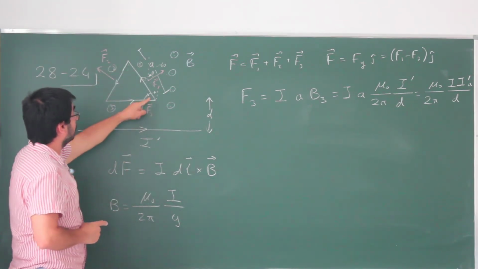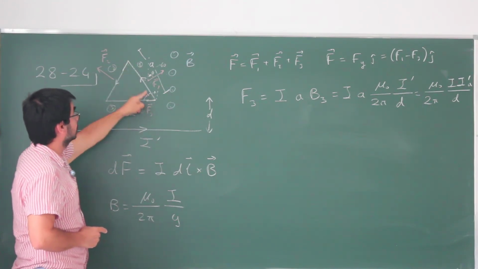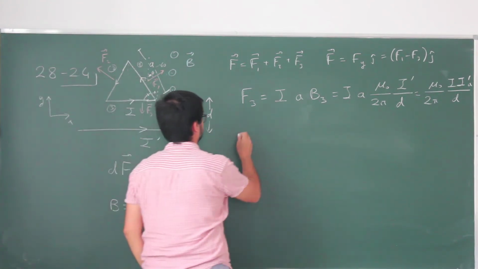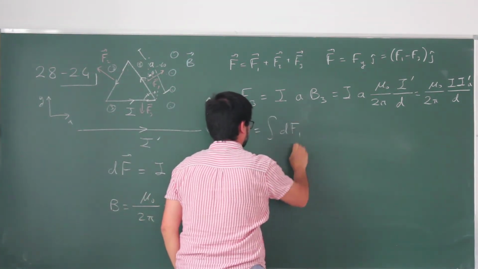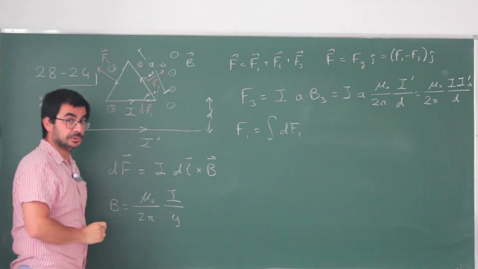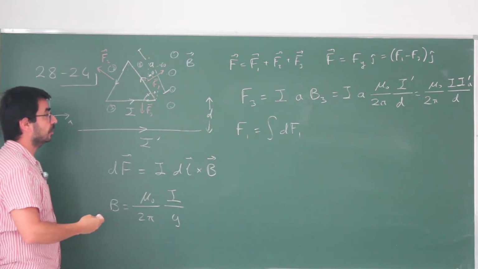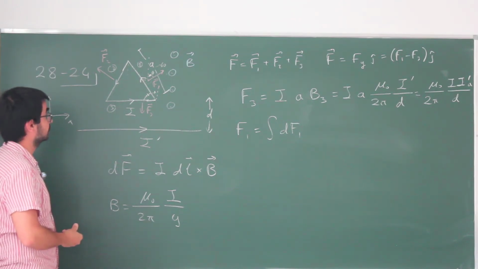However, all the forces felt by every segment on this part of the loop are going to be in the same direction, so I can, in fact, write this. This is not in general true, but because all of the parts of the force that I'm integrating over are in the same direction, I can turn this vector sum into a simple scalar sum.